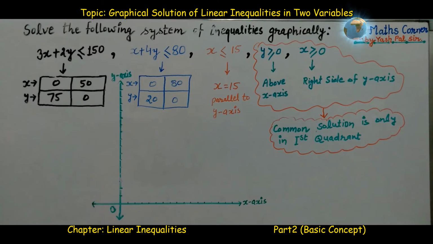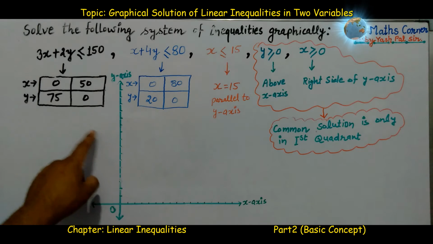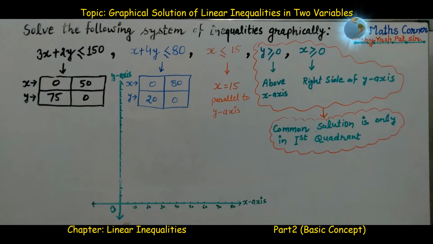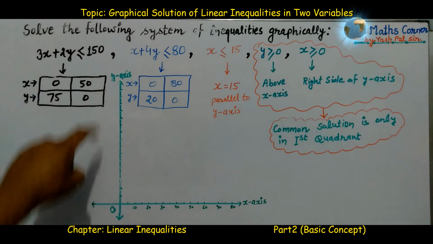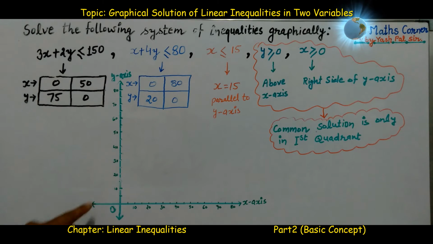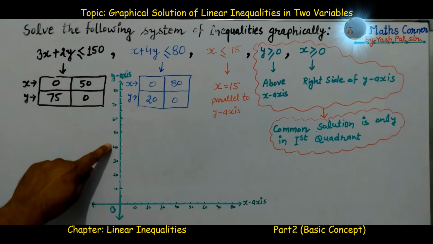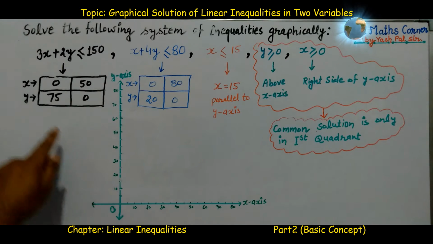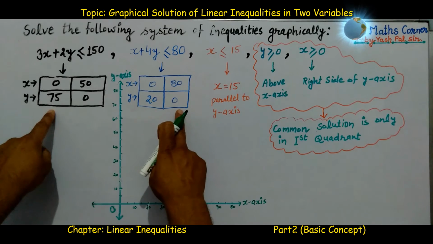On the x-axis 10, 20, 30, 40, 50, 60, 70, 80. Similarly on the y-axis 10, 20, 30, 40, 50, 60, 70, 80. This partition is made according to the values obtained in the boxes.